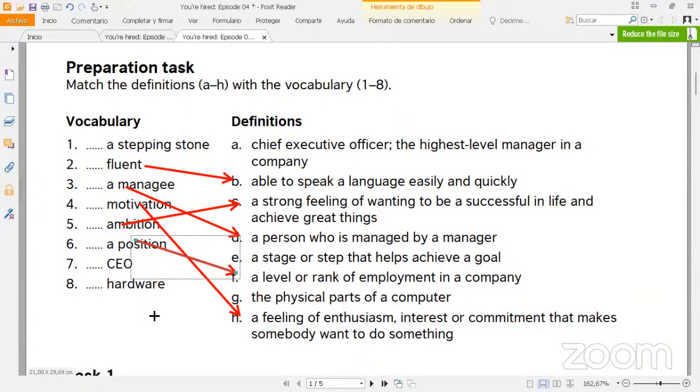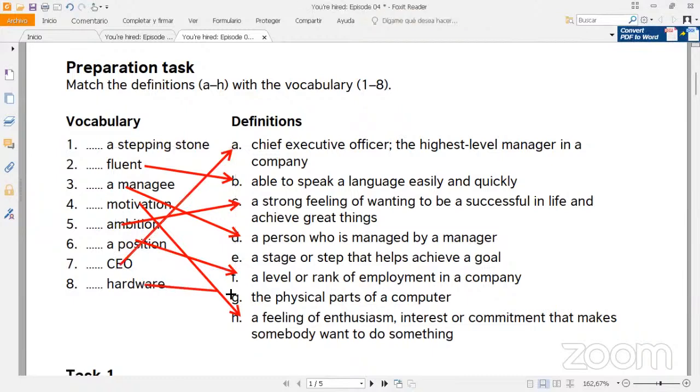Letter A. Okay. And hardware. G. Okay. Any questions on the vocabulary? And letter 1 is letter E. Yes, a stepping stone. But check out the definition. A stage or step that helps achieve a goal. Stepping stone. Okay. Como un escalón. Okay. That's actually what it is.